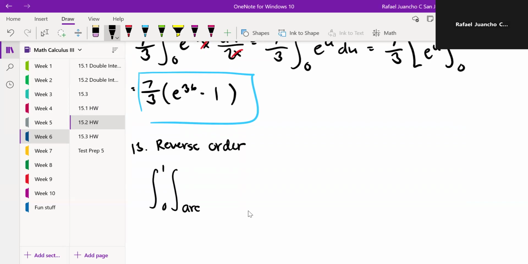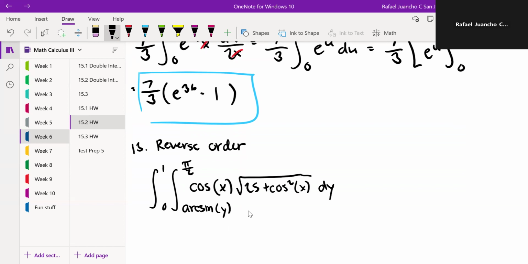This is arc sine y, by half. I don't like working with trig. Cosine x is 25 plus cosine squared x, dy. Oops, dx dy. So my goal is to make this dy dx. Find a new integral that does that.